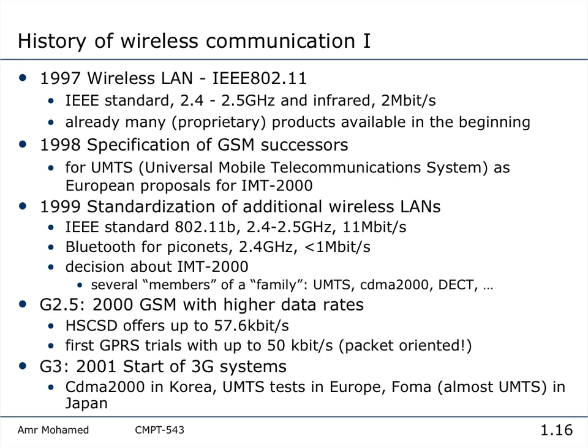So they put the IMT 2000, which is the set of specifications of how they want the next generation standard to be. And it took, as you can see, from 1998 all the way to 2001 until this specification has been implemented in actual wireless nodes that people have started to use.